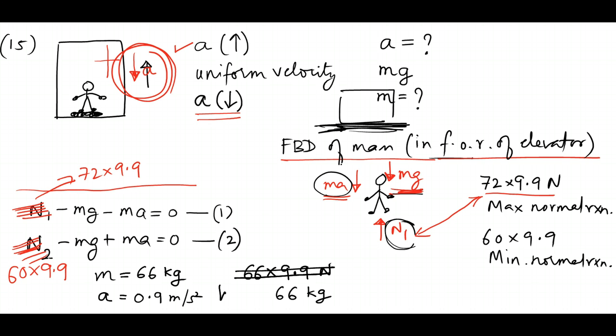That is, the true weight of the man is equal to 66 kilograms. If you are still uncomfortable with the fact that we are using a unit of mass to express the weight, then you could treat kilogram as kilogram force. So the true weight of the man is 66 kilogram force, and the magnitude of the acceleration is 0.9 meters per second square.